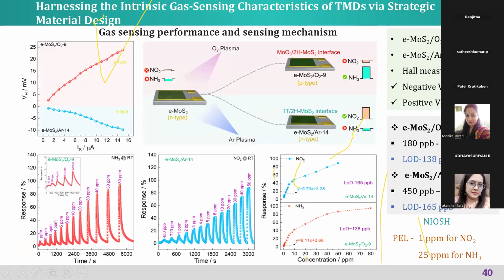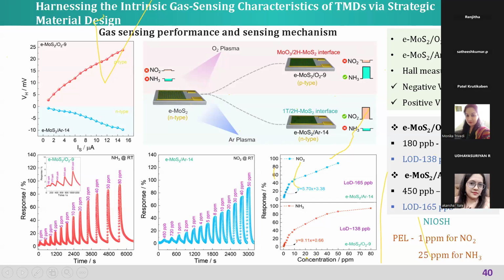Then we take these samples and, as usual, drop cast or spray coat them onto the interdigitated electrodes. These interdigitated electrodes are further used for the sensing studies. Whenever you have the MoO3 and MoS2 interface, the sensor has a response to ammonia. On the other hand, if there is a 1T MoS2 and 2H MoS2 interface, the sensor shows a response to NO2.